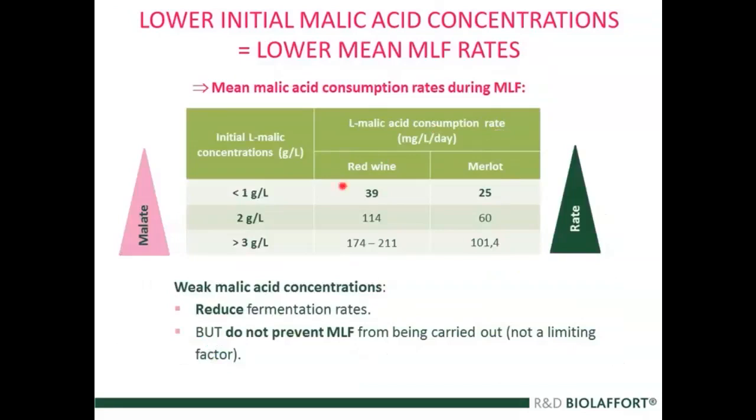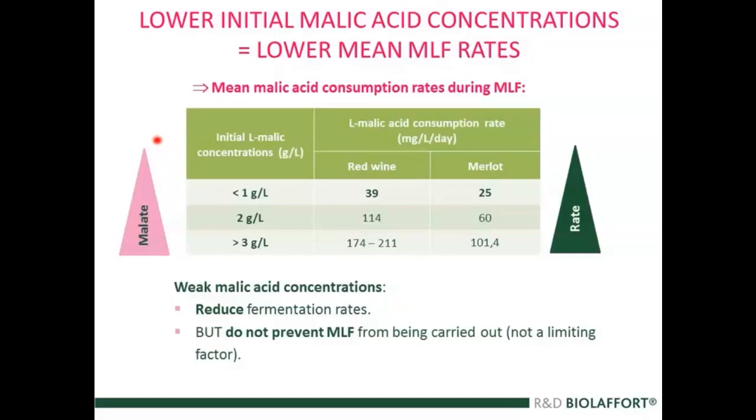You can see that in both wines, one that we called red wine, the other more precisely a Merlot, the lower the initial malic acid concentration, the lower the mean MLF rate is. So weak malic acid concentrations do reduce the fermentation rates, but by no means prevent malolactic fermentation from being carried out. So it's not a limiting factor.